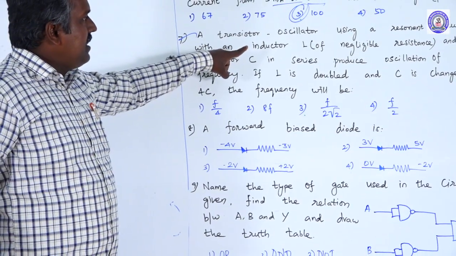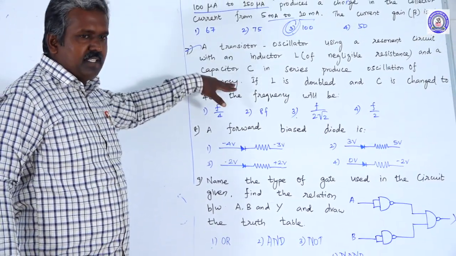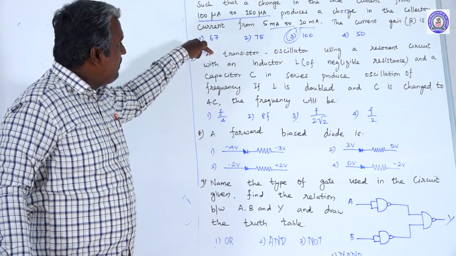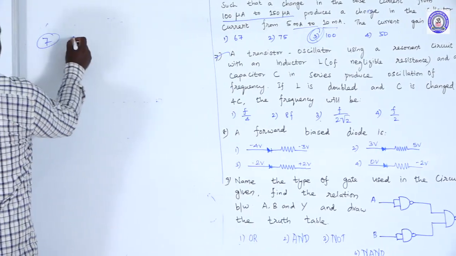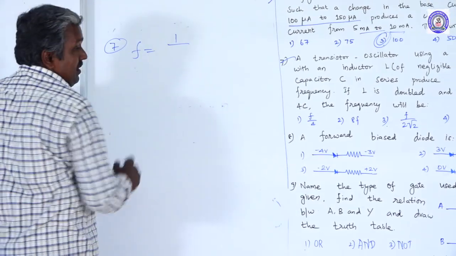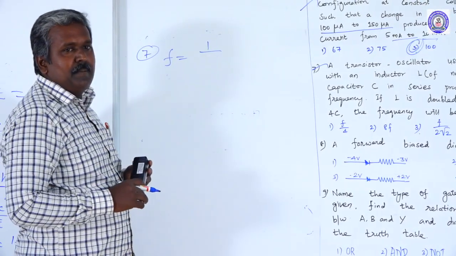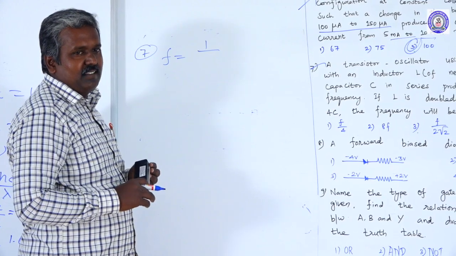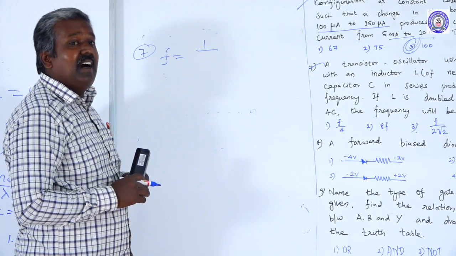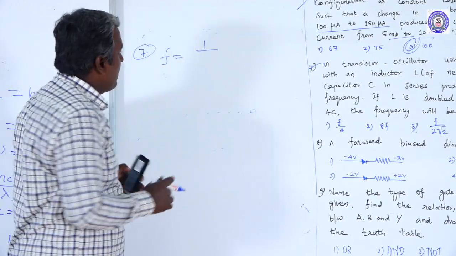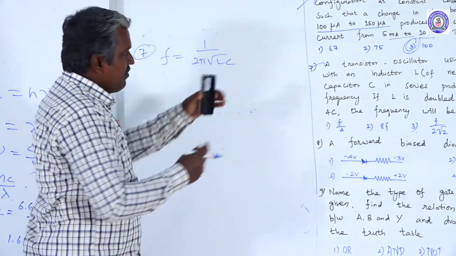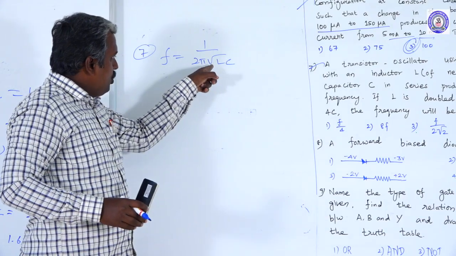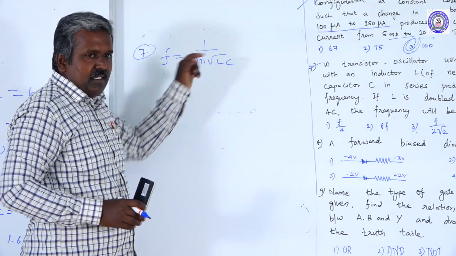If L is inductance, C is capacitance, what is the formula for the frequency of oscillations in an LC oscillator? F is equal to 1 by 2 pi root of LC.